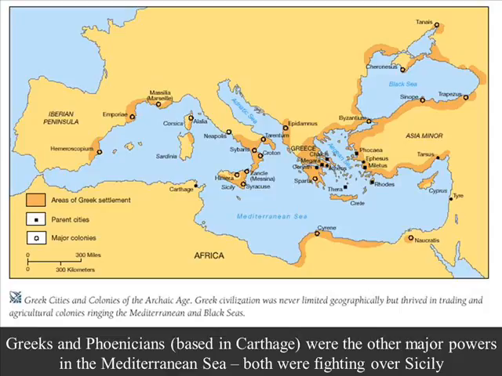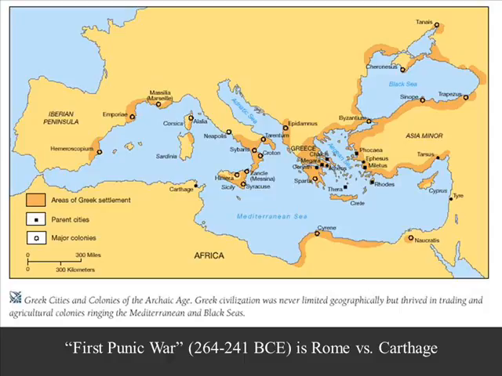And the Romans agree. So the Romans invade Sicily, they knock the Greeks out, but the Romans get sucked into this war against Carthage, which becomes known as the Punic War.